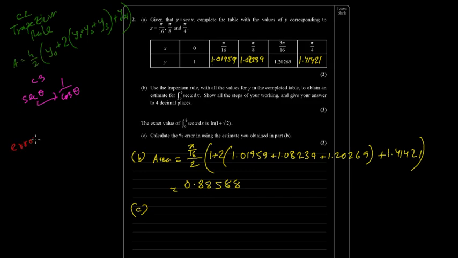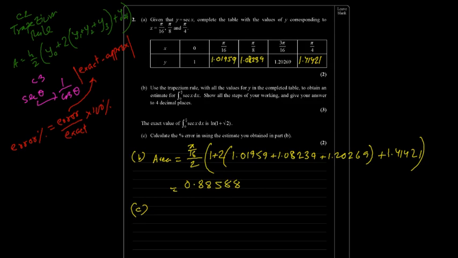Error percent means error divided by exact value into 100%, and error is the difference between exact value and approximate value. Always the positive difference. Error cannot be negative. So this is the approximate value, this is the exact value.